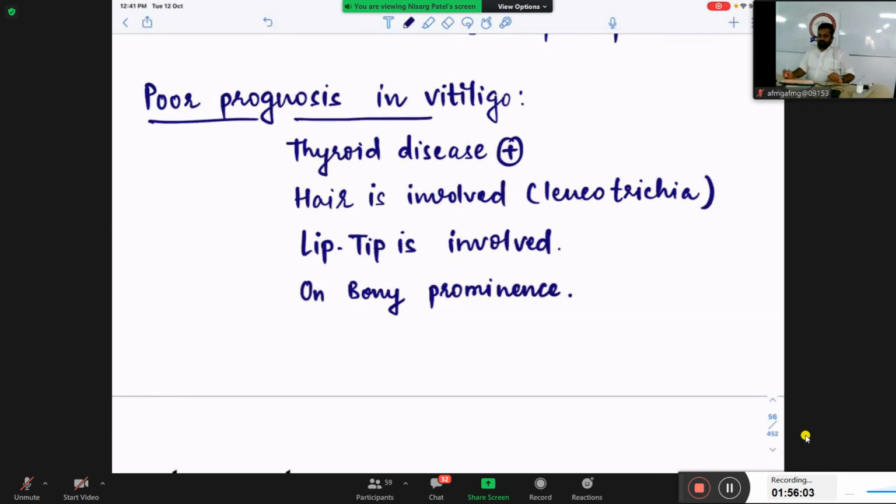And if the lesions are on the bony prominence, it will be difficult to control.